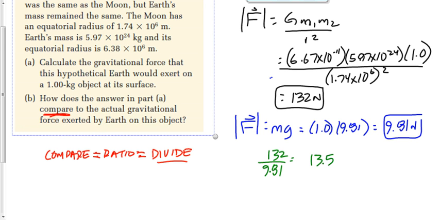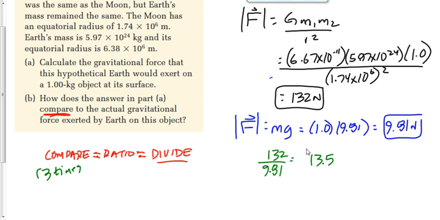So that means that the force of gravity would be 13.5 times bigger by changing the radius to the radius of the moon. Or we could say the ratio, if you wanted to express it that way, would be 13 to 1. So however you want to express that as a comparison is fine. 13 times bigger, 13 to 1, both of those work.